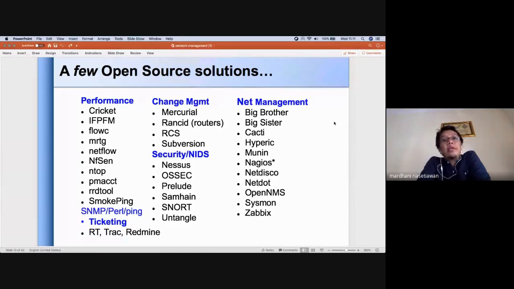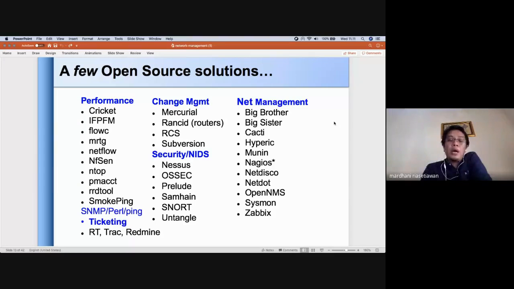We also have change management using Mercurial, RANCID, RCS, Subversion. We also have security tools like Nessus, OSSEC, Prelude, Snort. Snort is the most famous one. And network management tools like Big Brother, Nagios, NetDisco, OpenNMS, Sysmon, and Zabbix. A lot of things.